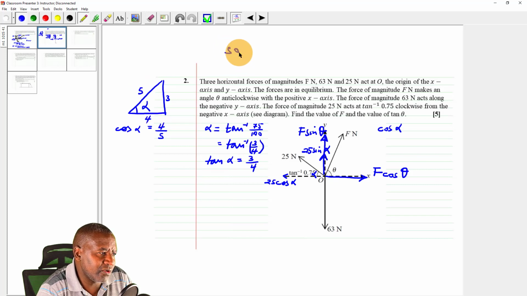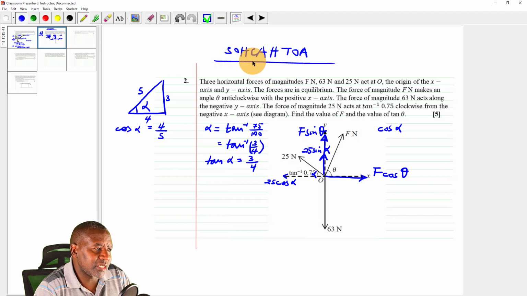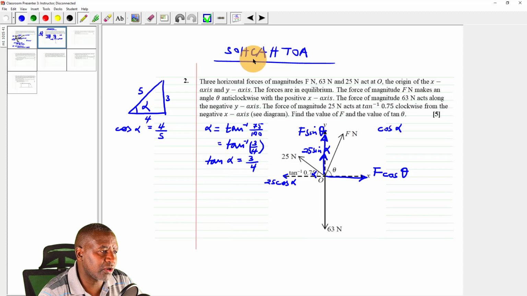Where am I getting these values from? I'm getting these values from this acronym here, SOHCAHTOA, which states that the cosine of an angle is adjacent over the hypotenuse.